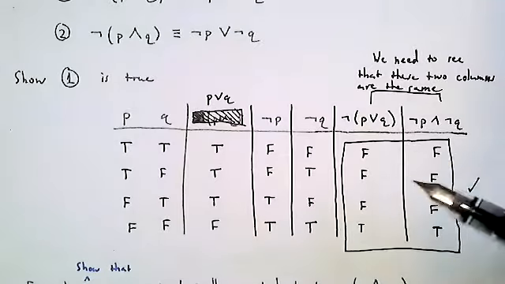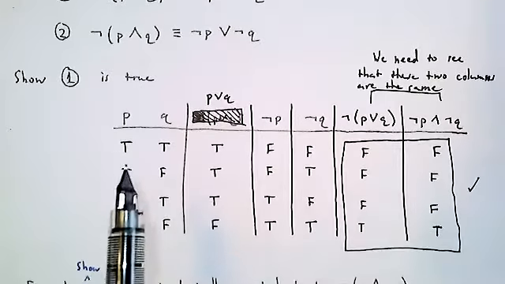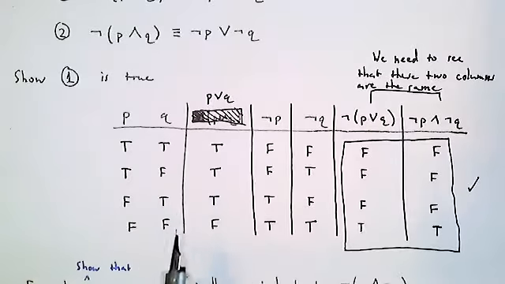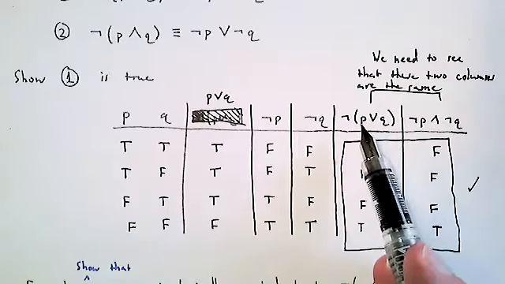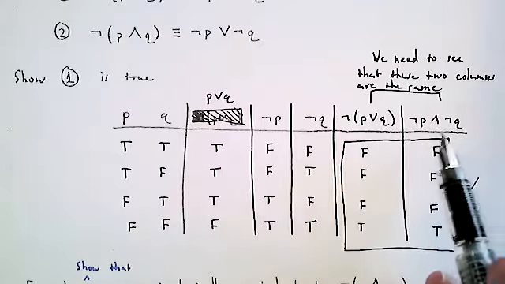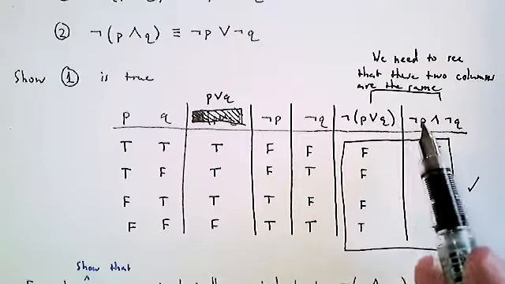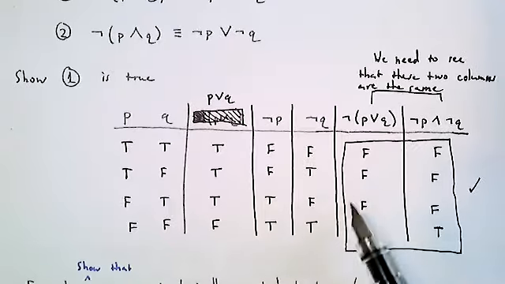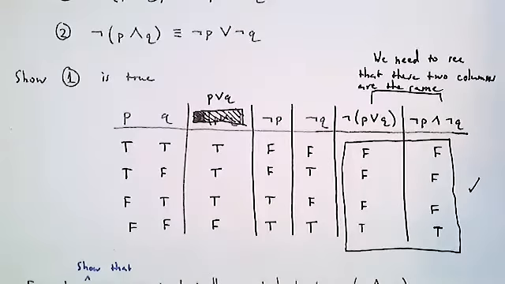They have exactly the same truth values, no matter what the truth values are over here. So this is what logical equivalence means. Whatever truth values you plug in for P and Q, these two more complicated statements, propositions, have the same truth values. Any questions over this first example?